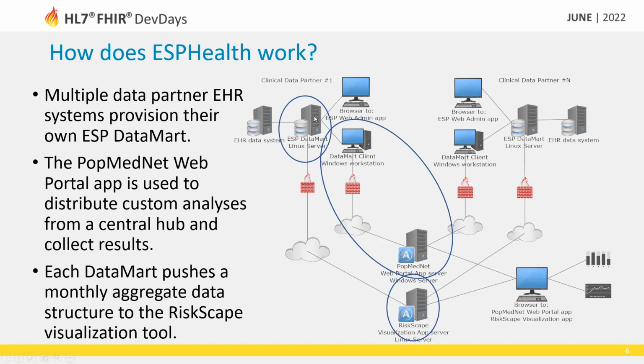So it goes into the ESP data mart as patient level information. It includes dates of service around diagnoses, medication prescription orders, lab test results. It's the full patient record around the selected clinical core.